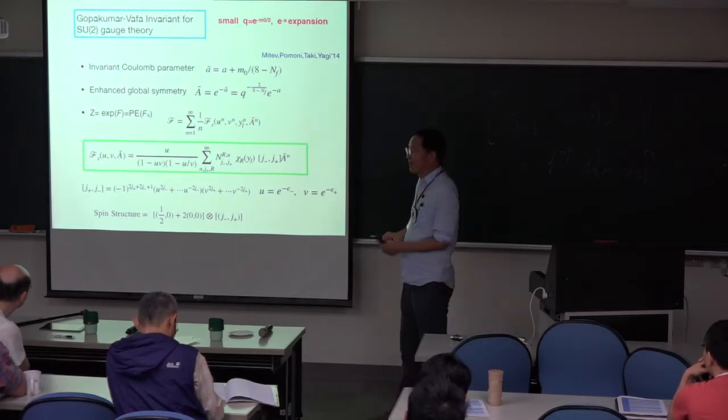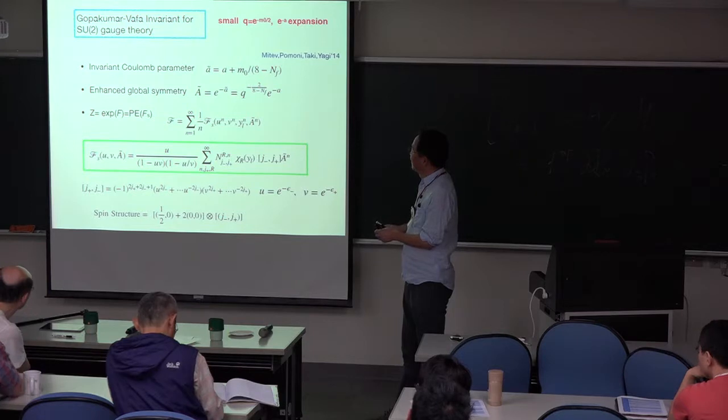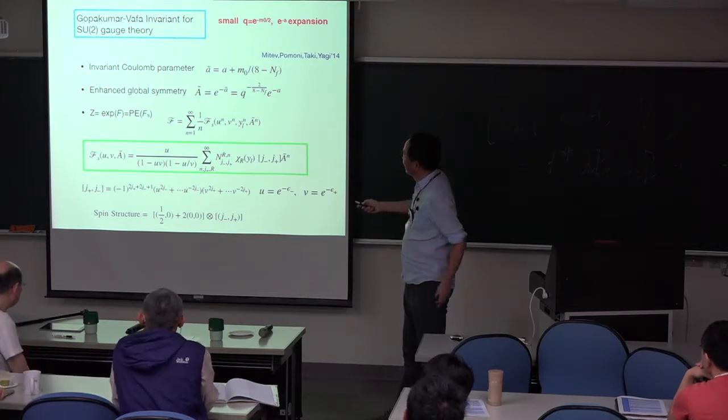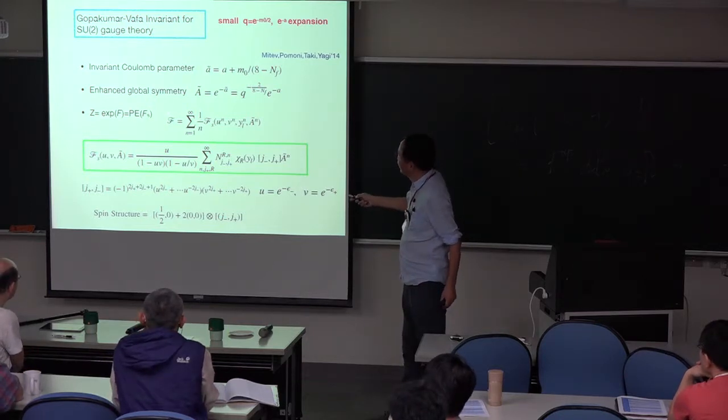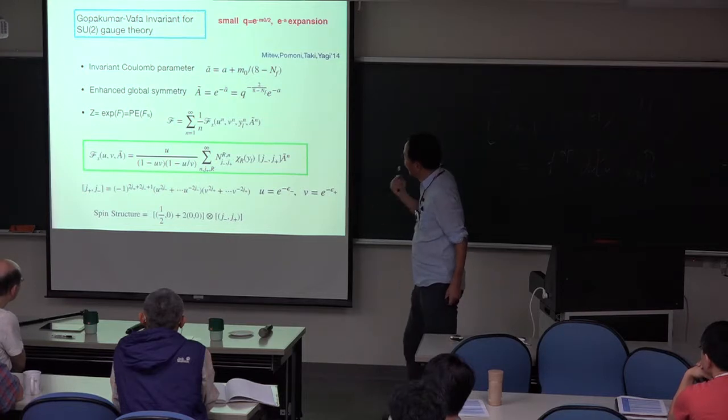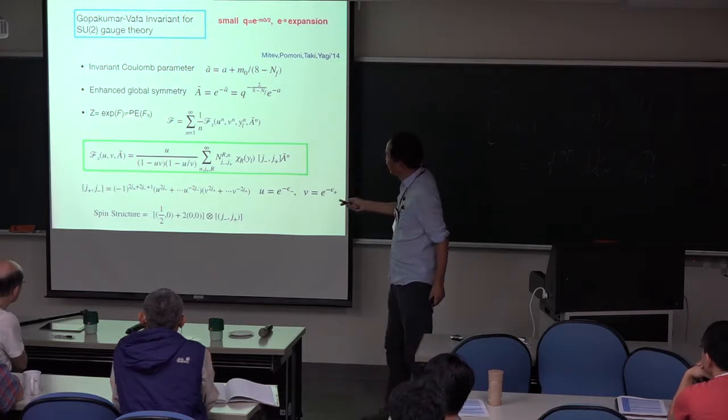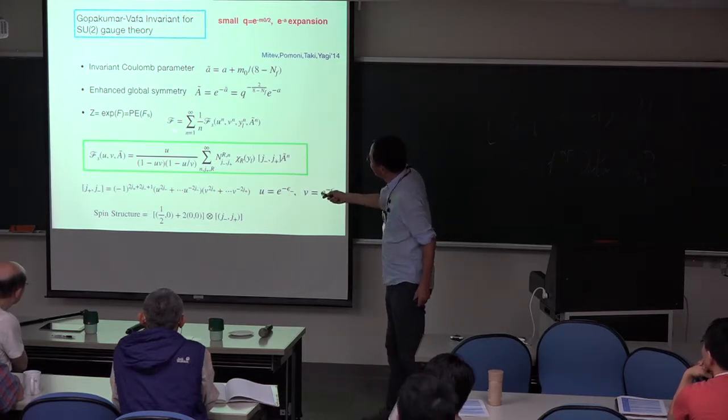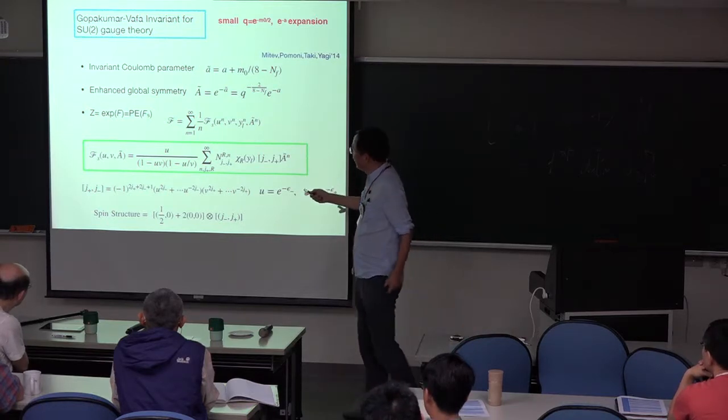one can expand this partition function, which is made of perturbative and non-perturbative parts, and then one can put it into a very simple form, where this free energy is given in this plethystic form with a single particle free energy.